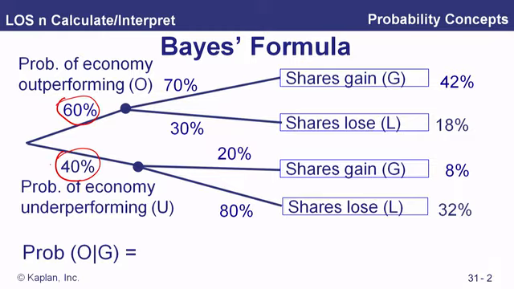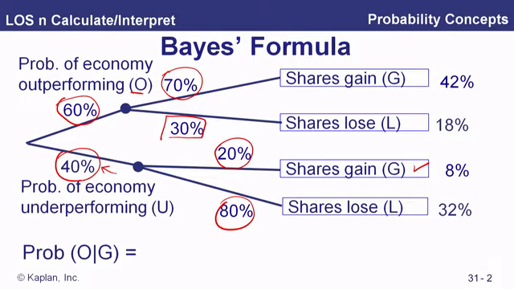The probability that shares will gain is 70% if the overall economy is outperforming, and probability of shares losing, of course, is 1 minus that, 30%. Now, if the economy underperforms, there's only a 20% chance. So the probability of share gains given the economy underperforms is only 20%. And the probability that shares will lose value, given that the economy underperforms, is 80%.